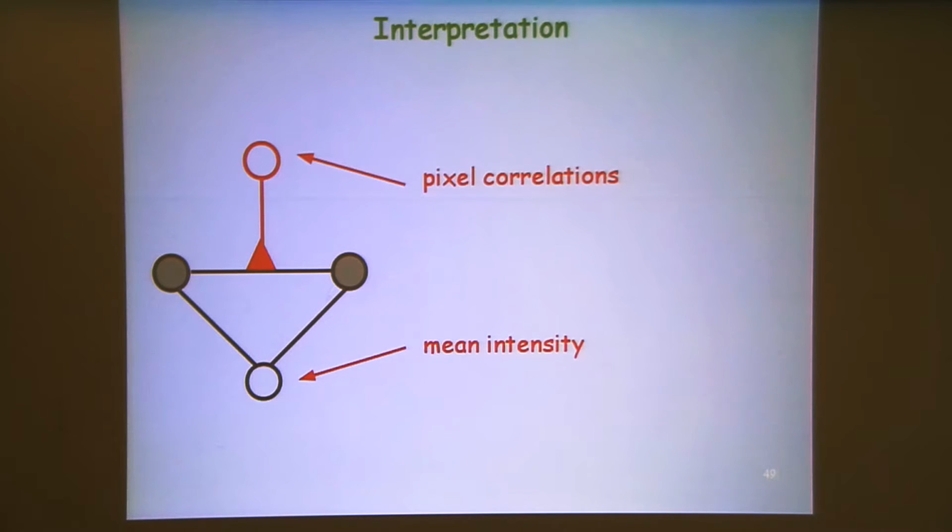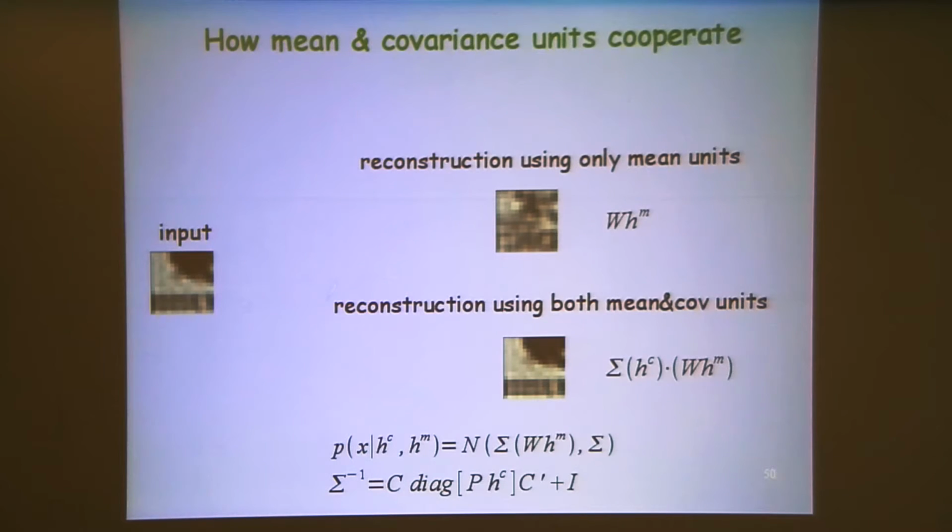So now let's look at a simple demo to show what each latent variable is doing for a practical case. This is after training on natural image patches. This is an image patch that the model has never seen before. If you recall, the conditional distribution over the input is a Gaussian that is the product of two terms.